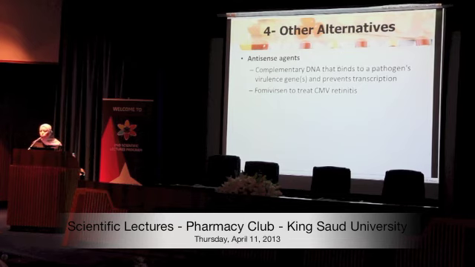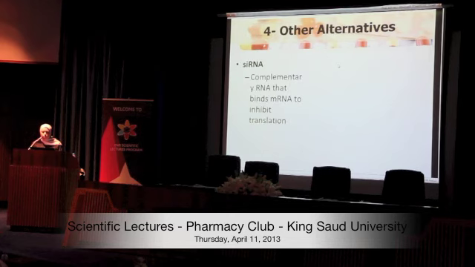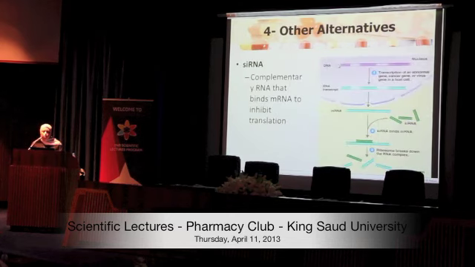Fomivirsen is a treatment for cytomegalovirus retinitis. It's FDA approved. Other alternatives are small or short interfering RNA. They are complementary RNA that binds messenger RNA and degrades it, and it inhibits translation, not transcription.